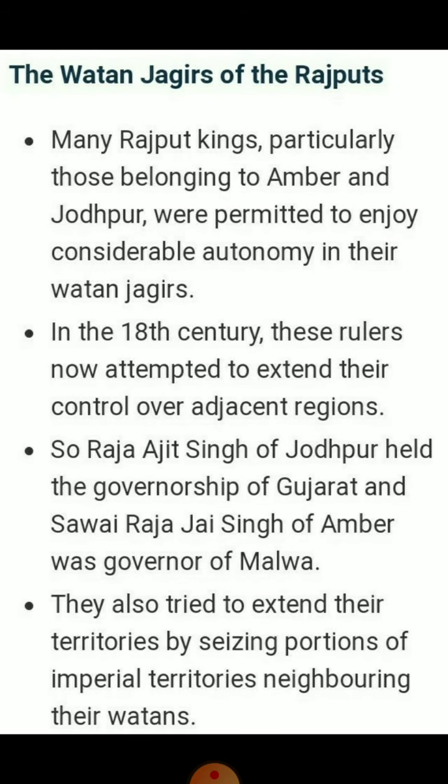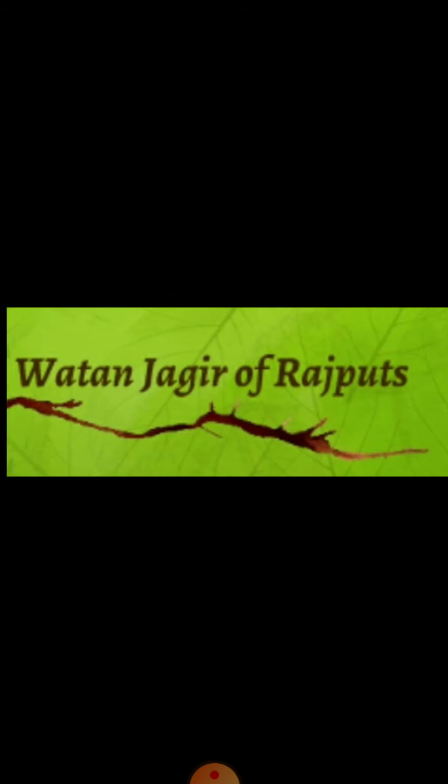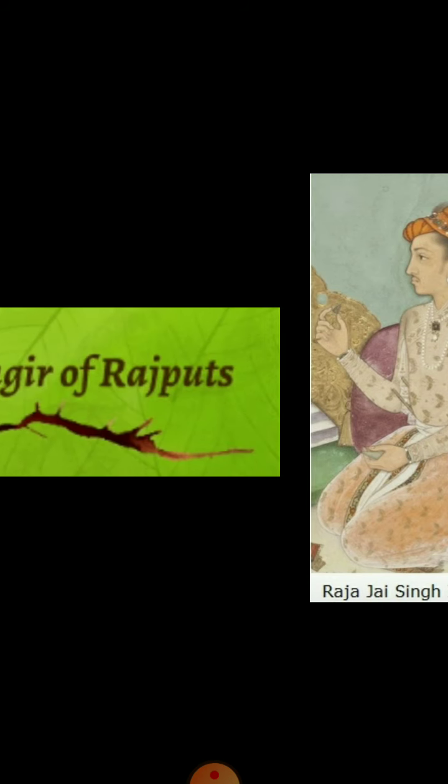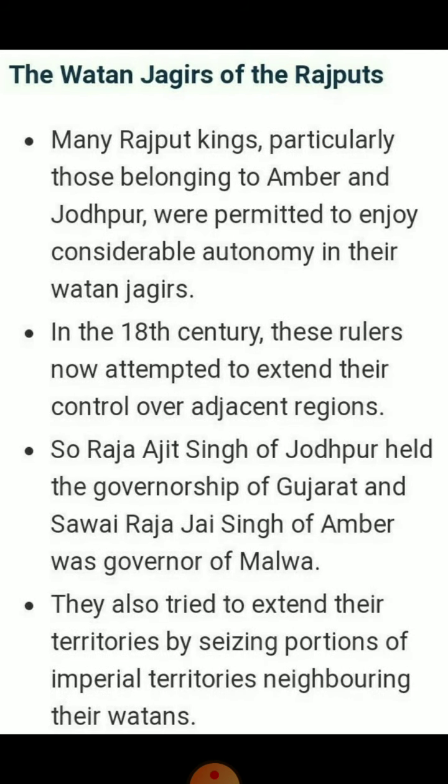Raja Jai Singh took Bundi under his control, whereas Raja Ajit Singh annexed Nagaur of Jodhpur. They were able to do this because they had acquired a great amount of wealth as governors in Gujarat, Malwa, and Agra.